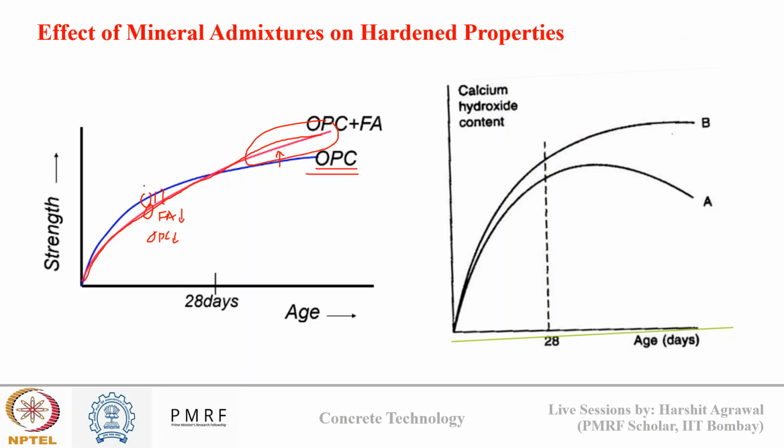However, over time, as OPC produces CH, fly ash is able to react with CH and forms CSH. So it gains strength slowly over time. And after 28 days, once the entire OPC has reacted and produced CH, fly ash will continue to consume CH and produce CSH. So that's why there is delayed strength gain happening in the OPC plus fly ash system.